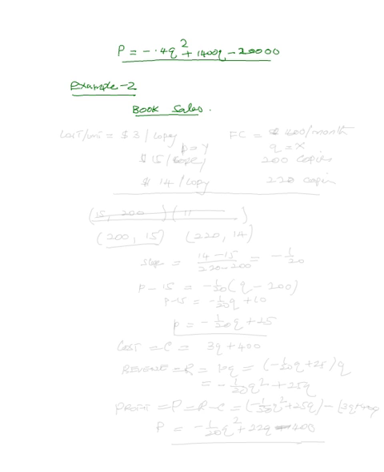So let's talk about a vendor or retailer buying books at $3 per copy. So this is the cost per unit. And they also have a fixed cost of $400 per month.